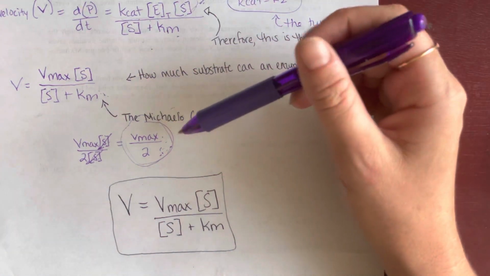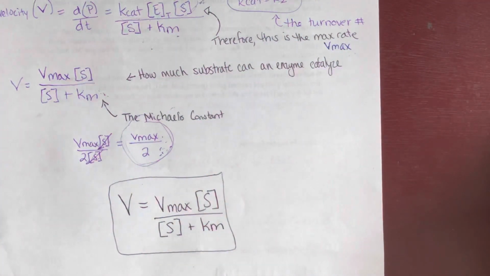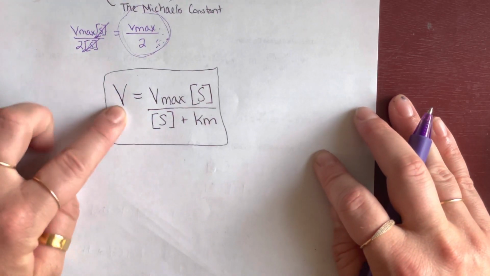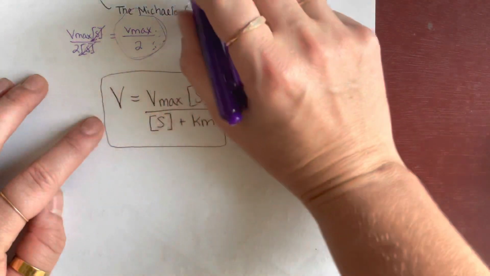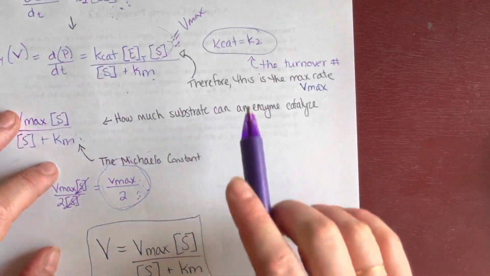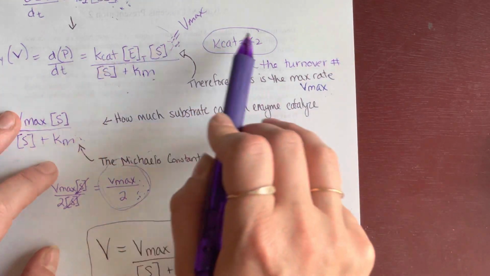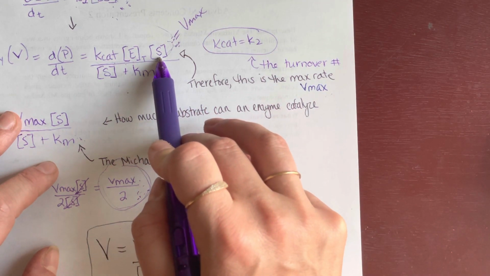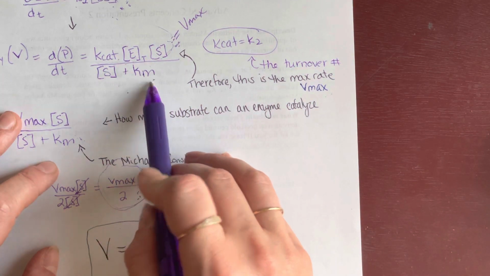So Km is represented in the Michaelis-Menten equation here. Written out in its condensed form, we have Vmax, which we talked about up at the top, which was essentially kcat or K2 times ET, times substrate S divided by substrate S plus Km.